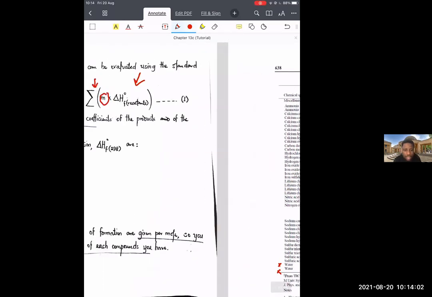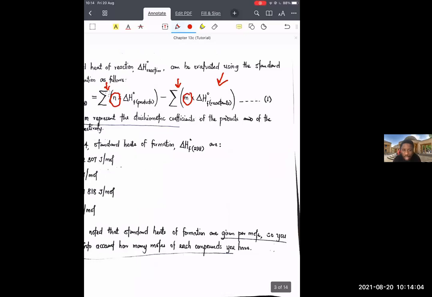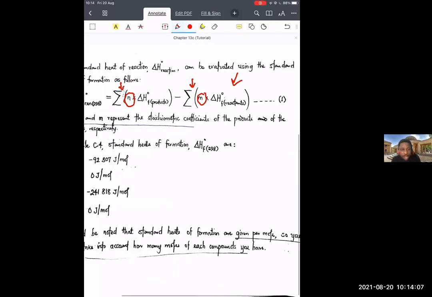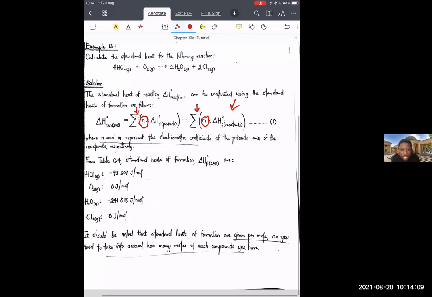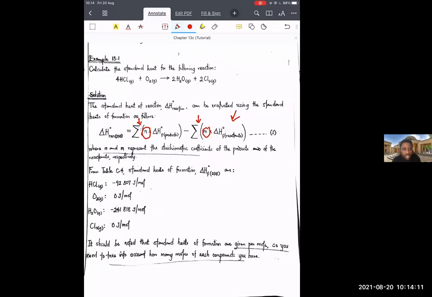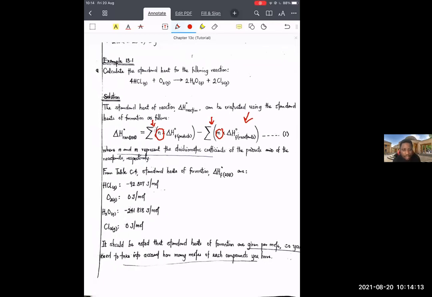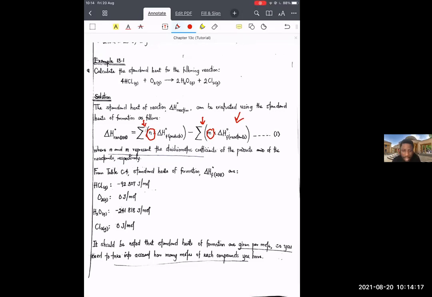So if we go back to our question, what we just need to do now is plug in everything. So the number of moles and then the values. We've talked about the fact that the values are given per mole.